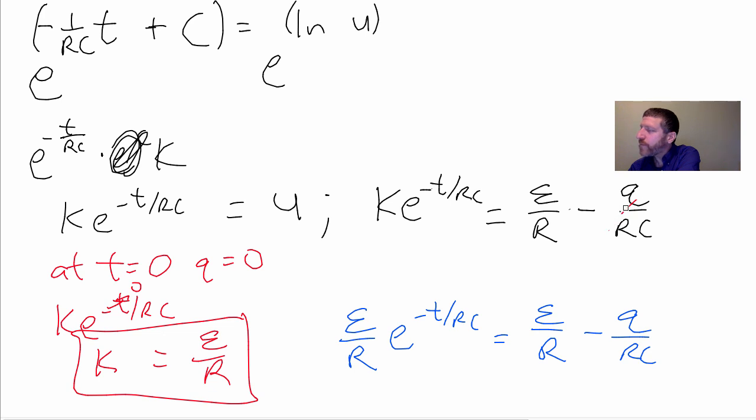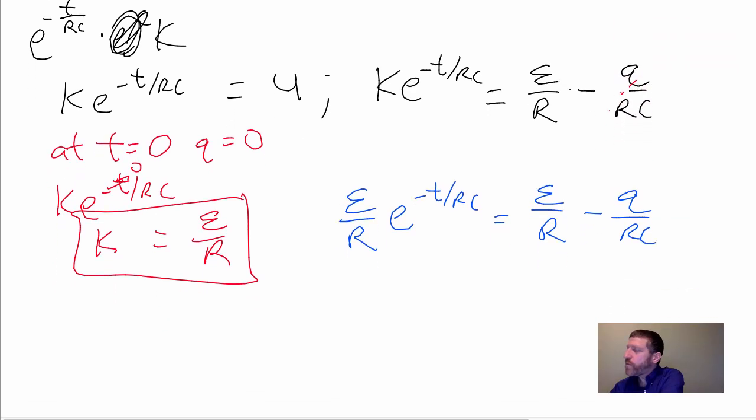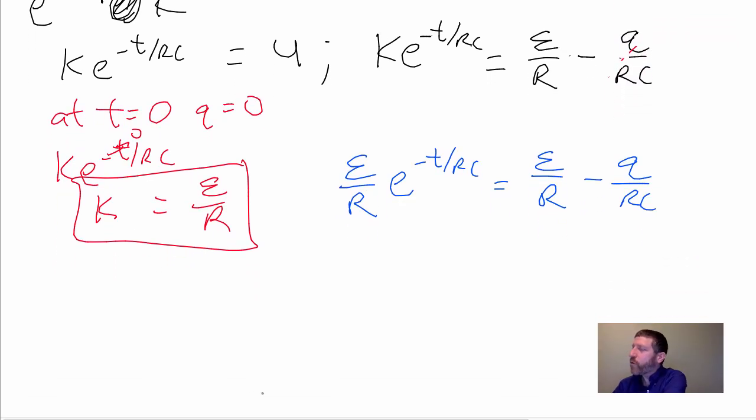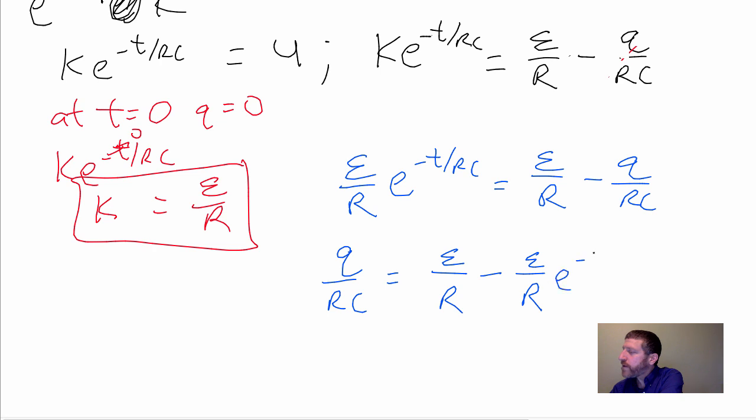Now this isn't canceled. That's only when time is equal to 0. So I'm going to bring that back here, and move this around just a little bit to get it into the form I want. I'm going to move Q to this side and move everything else over to that side. So I get Q over RC equals E over R minus E over R e to the negative t over RC.